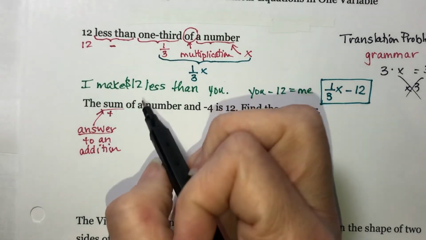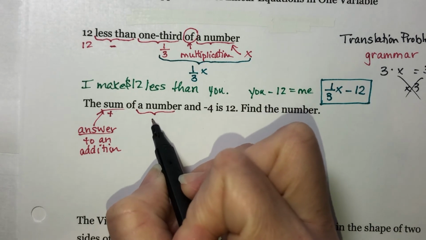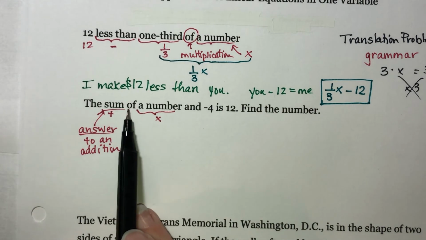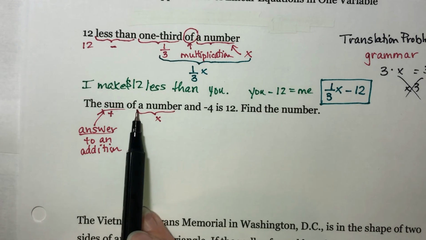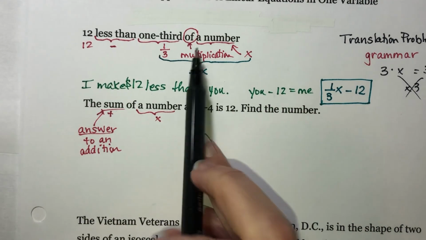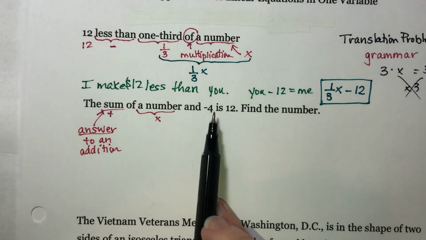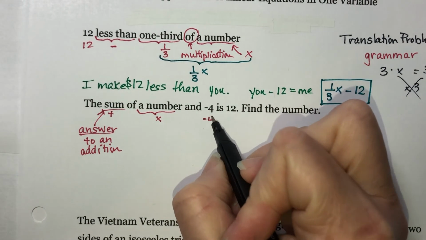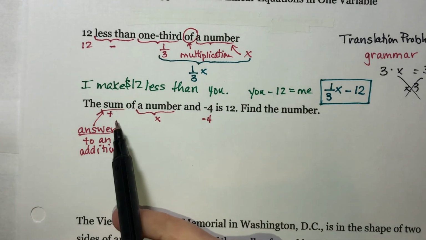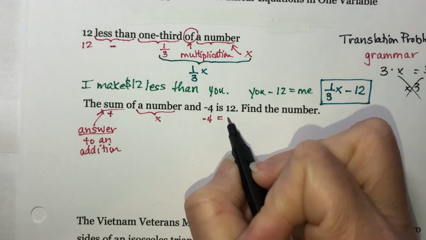The sum of a number would be x. This time, of is just the English word of. It can be a little confusing, but of often means multiplication. The sum of a number and negative 4. So I'm adding these two things together, is equals 12.